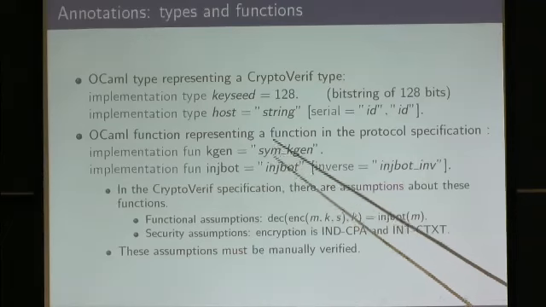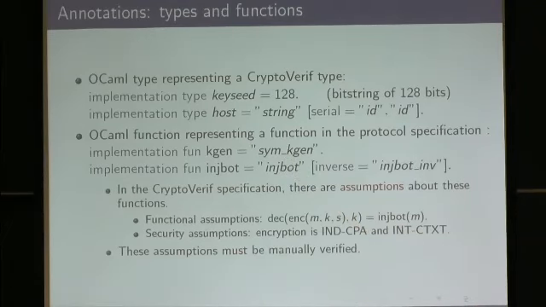So when you make a correspondence between the CryptoVerif function and the OCaml function, this means that the OCaml function needs to satisfy the assumptions that you gave in CryptoVerif about the primitive. For example, for encryption, you specify in CryptoVerif that when you decrypt the encryption with the right key, then the decryption succeeds and you get the clear text.